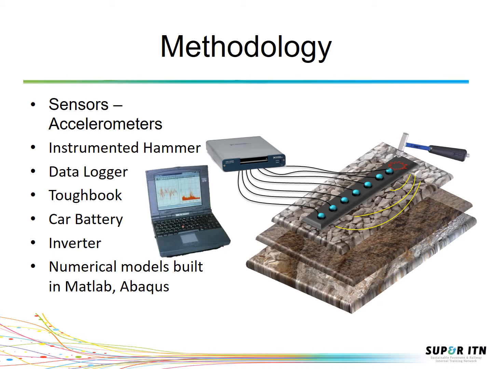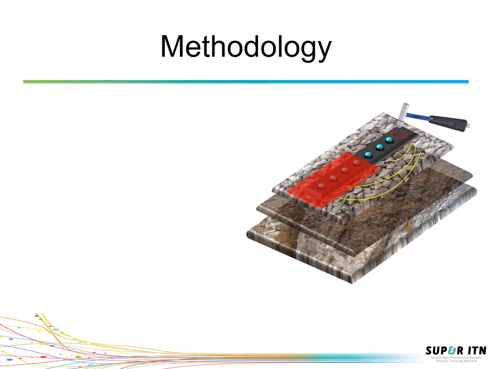On the other side, numerical models are built in MATLAB and finite element software Abaqus. The different health conditions of the underlying ballast and subgrade will influence the behavior of the railway track elements, rail and sleeper. For instance, assume that there is a degradation in ballast layer at this location underneath the sleeper.